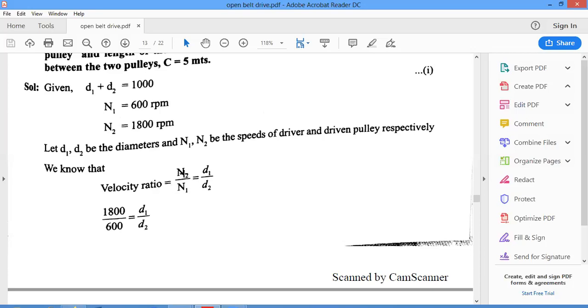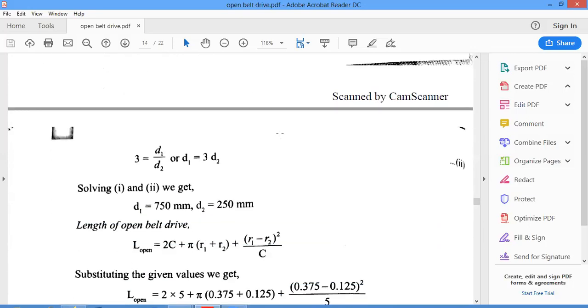Velocity ratio N2 by N1 is equal to d1 by d2. We know these two values, so d1 by d2 is going to be 3 times. That means d1 is equal to 3 times the d2 value. Thereby we can find how much d1 and d2 are.